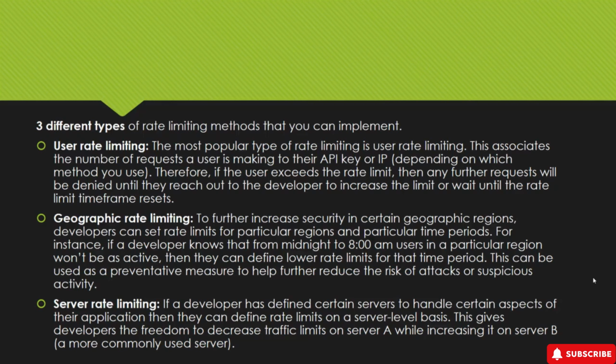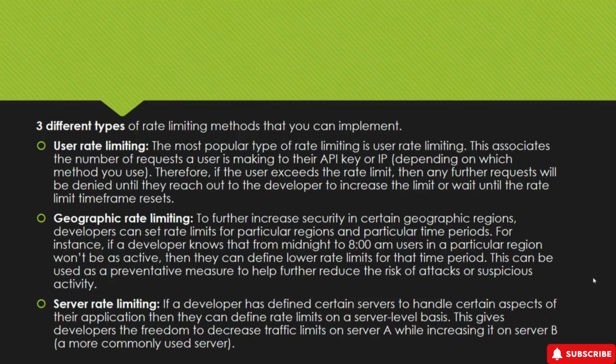This can be used as a preventative measure to help further reduce the risk of attacks or suspicious activities. By doing this, those nocturnal attackers or hackers won't be able to exploit a rate limiting flaw in the website, as geographic rate limiting has further increased the security.